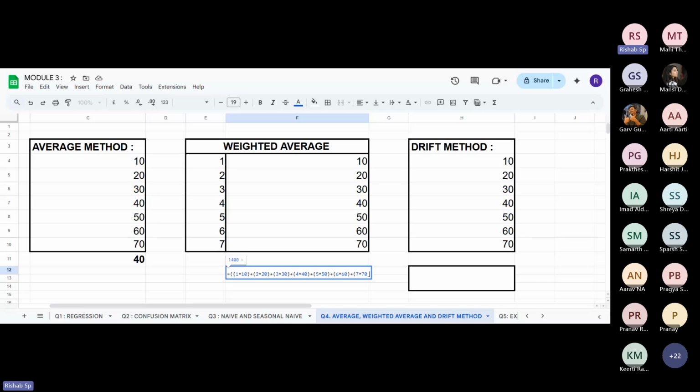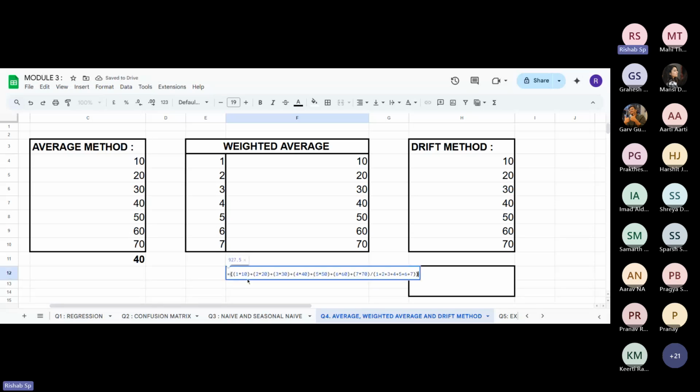After this, we divide the whole thing by the sum of all these weights. So we have 1 plus 2 plus 3 plus 4 plus 5 plus 6 plus 7. This is a weighted average.